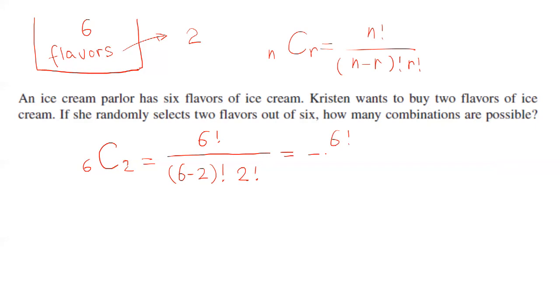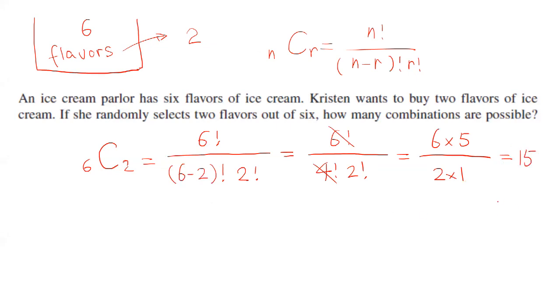Okay, and we can simplify. We do not calculate 6 factorial, because when the number is very large, it's not easy to calculate. So it's better to simplify first. If we simplify, you have 6 by 5 here, divided by 2, you have 15.